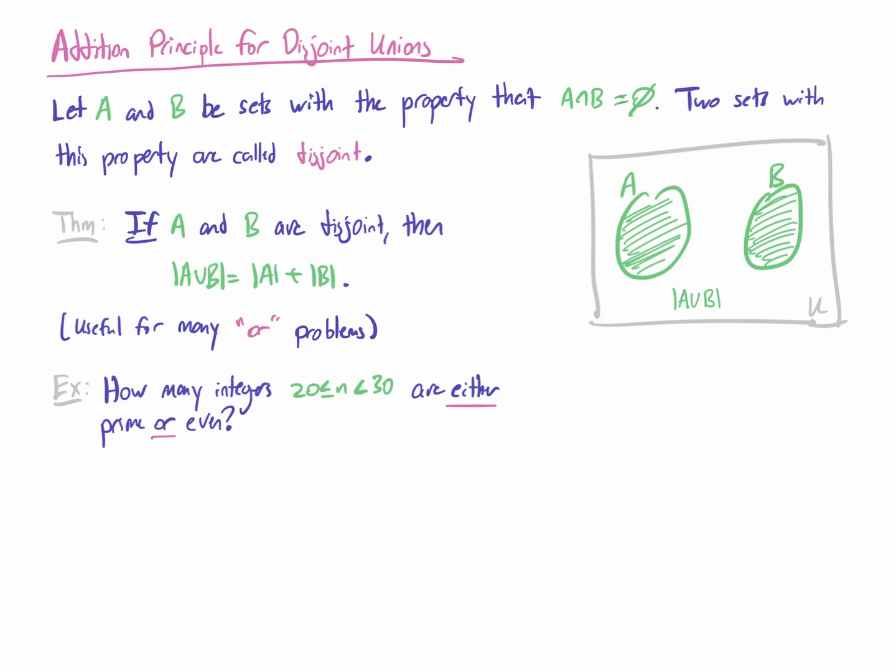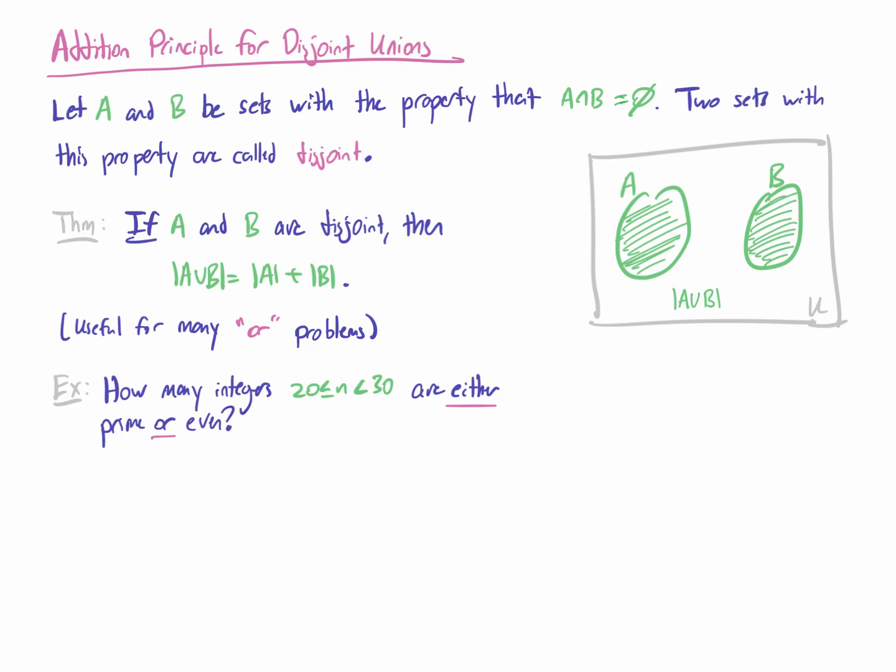Here I want to know, how many integers, n, are there between 20 inclusive and 30 not inclusive? So I'm talking about 20 through 29. How many integers are either prime or even?